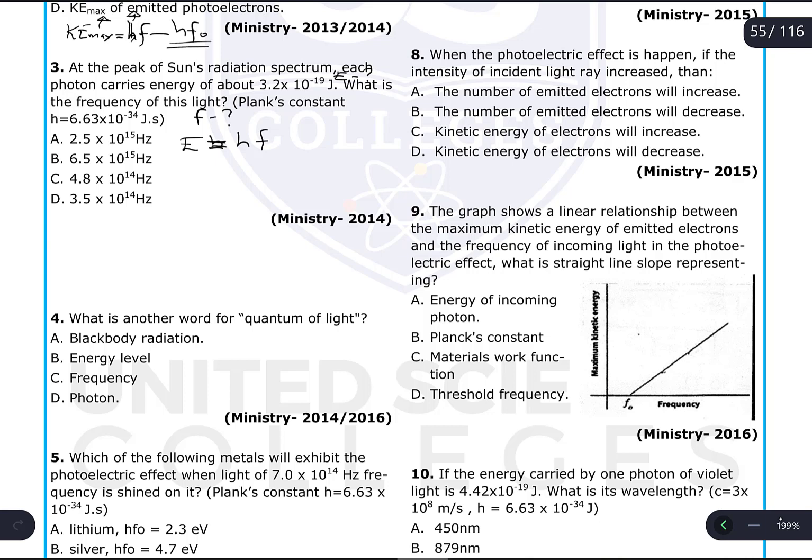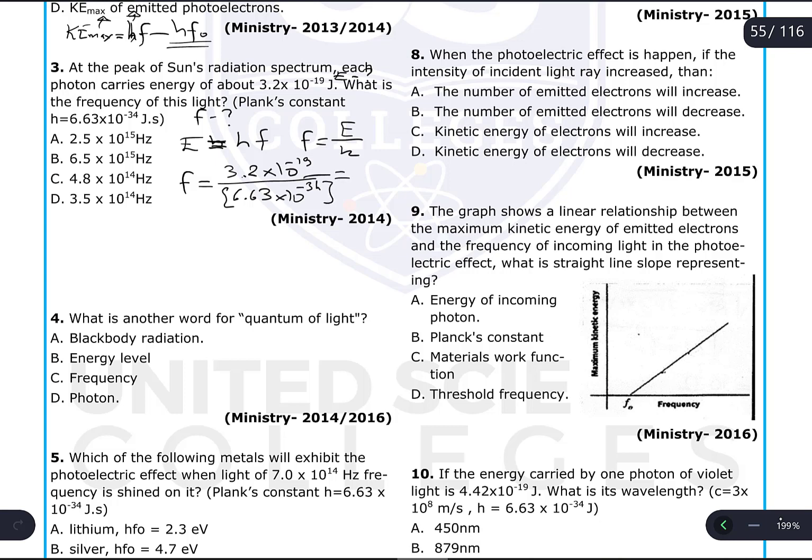If you want to calculate f, we have to divide energy by Planck's constant h. So f is equal to energy 3.2 times 10 to the power of negative 19 divided by h, which is 6.63 times 10 to the power of negative 34.